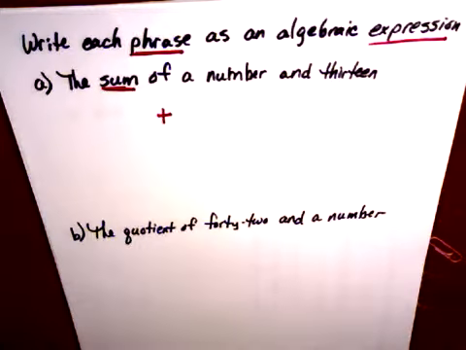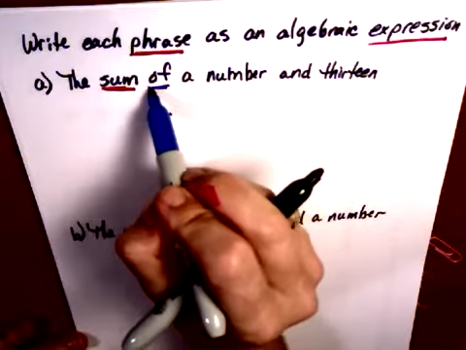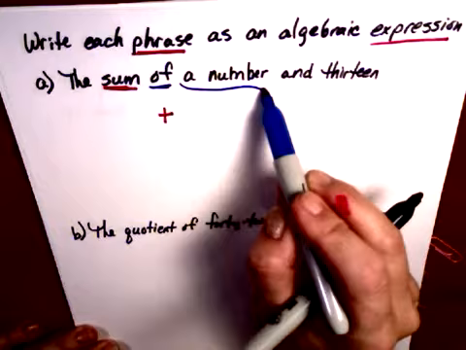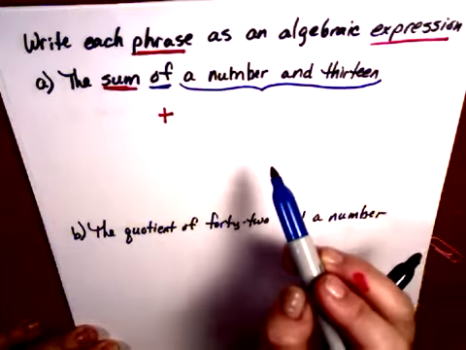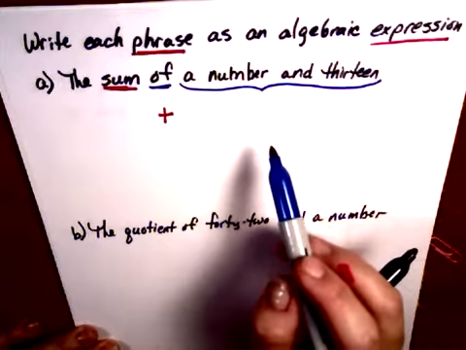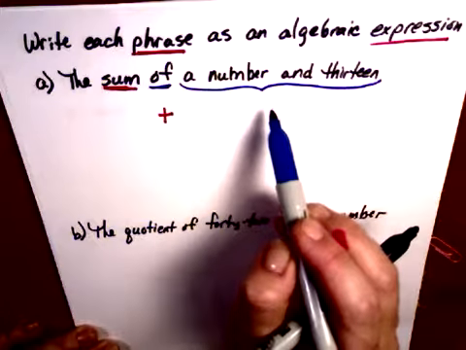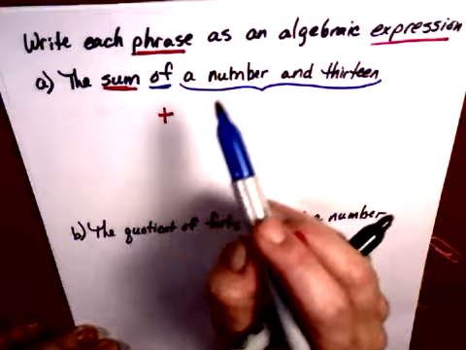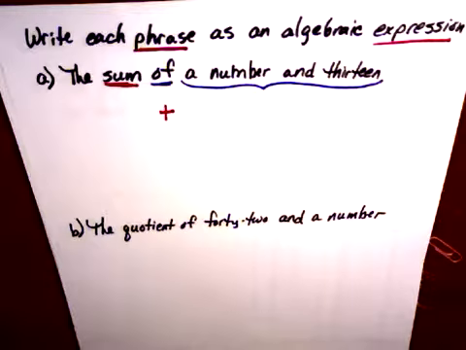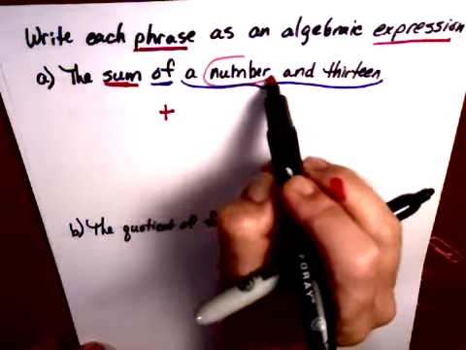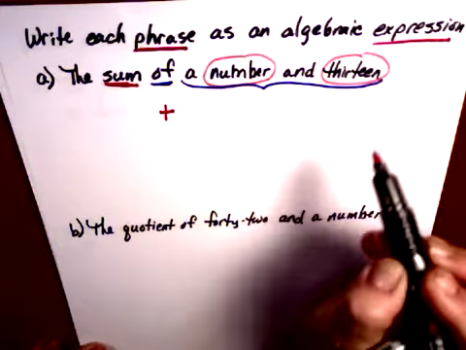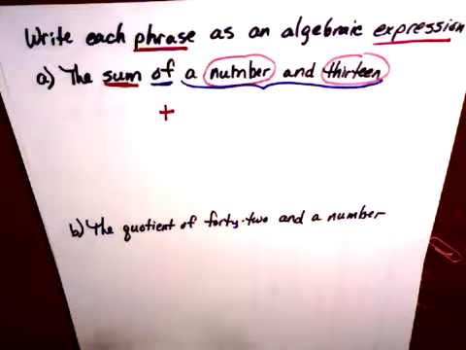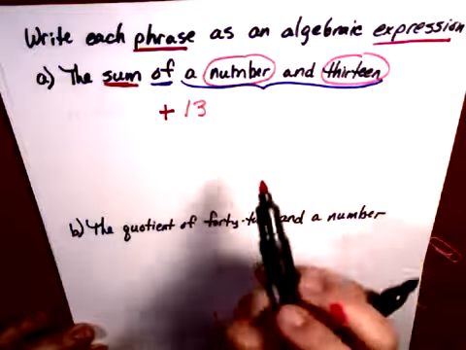Now if we break this down in terms of English, you see this word of is a preposition. After that preposition is a prepositional phrase, the objects of the preposition, and the objects are telling us what we're going to add together. We have two objects, the word number and the word 13. Now 13 is 13.